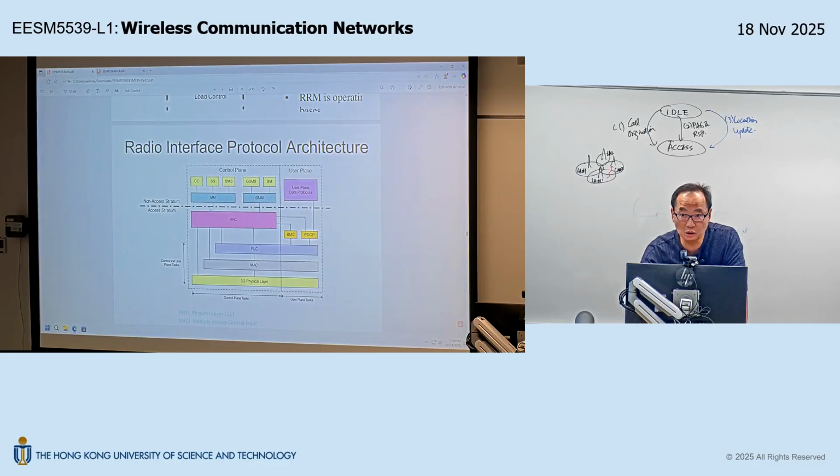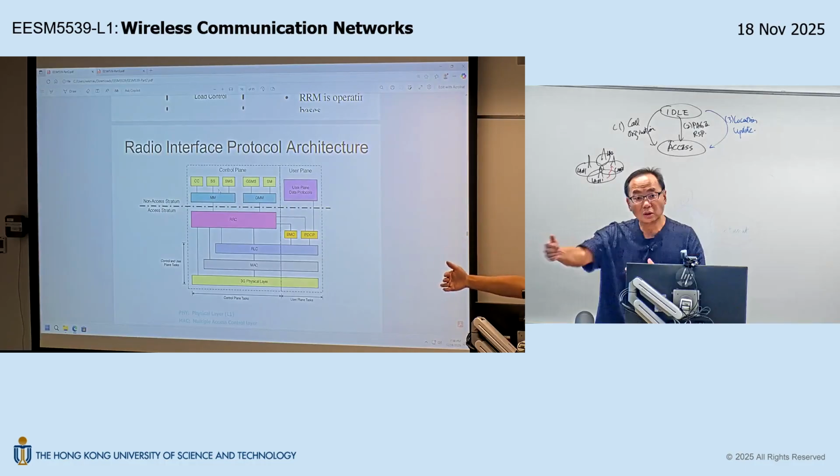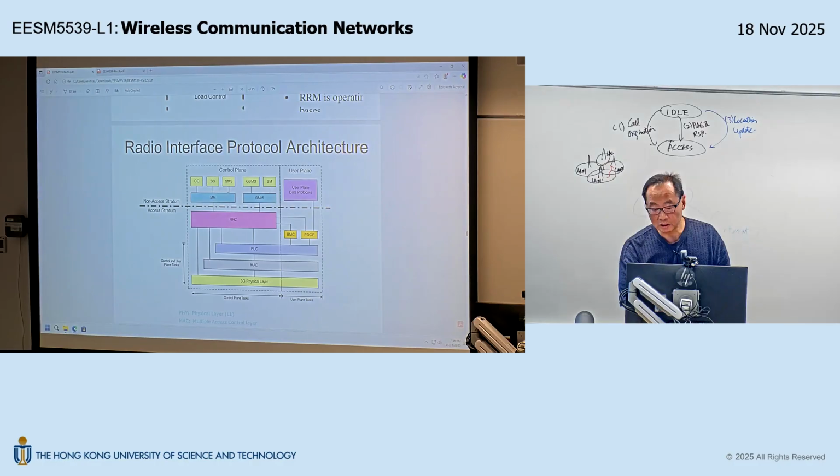Serving RNC, SRNC, is not the end of the network. It's not the endpoint. Above this RRC, there are also other types of signaling messages or signaling protocols. So these signaling protocols terminate beyond the serving RNC. That means there is something further than the serving RNC in the cellular network. So now we're going to explore these core network services.